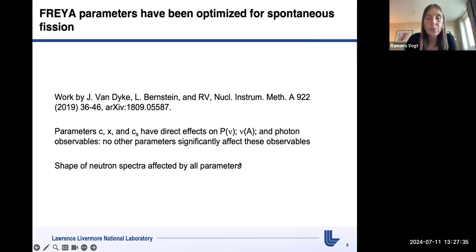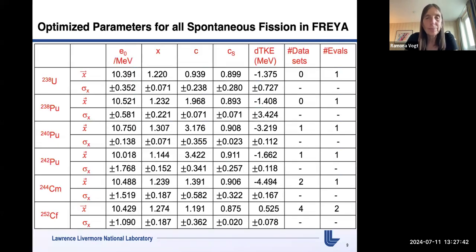But the shape of the neutron spectrum gets affected by all of these parameters, so it's a little bit harder to pin down. So just to show you, these were our optimal values. E0 was a little bit over 10 per MeV. X is a little bit greater than 1, about 1.1 to 1.3, depending on the average neutron multiplicity to some extent.